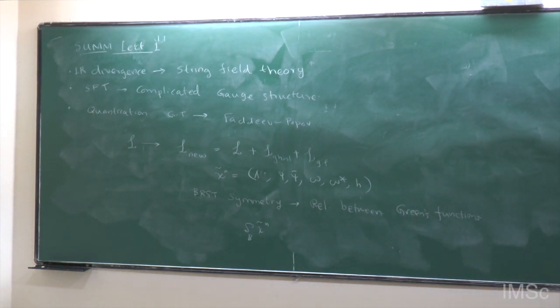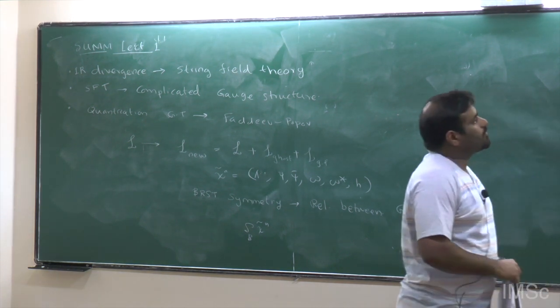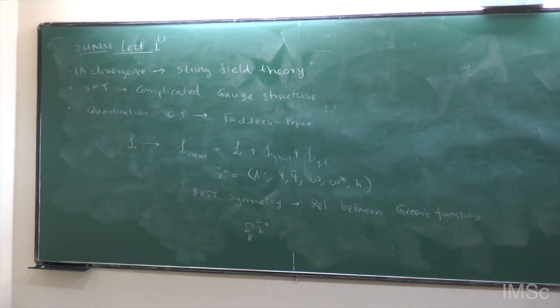So let me derive the Slavnov-Taylor identity. We can start with the generating function, and write it in a compact way as integral of d chi n, e raised to i integral d^4x L nu plus chi tilde n j n.